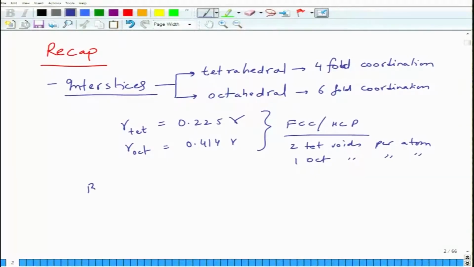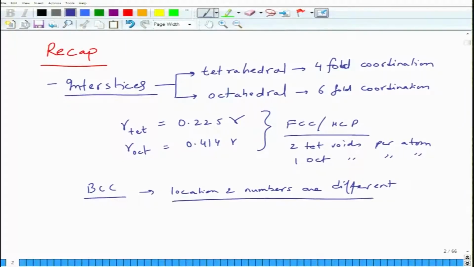Things are different for BCC. You don't have a regular octahedra or tetrahedra, but you do have octahedral and tetrahedral voids, whose location and numbers are different. So this I showed you last time in a geometrical fashion. You were asked to count the numbers of octahedral and tetrahedral voids in BCC, so I will leave it to you.